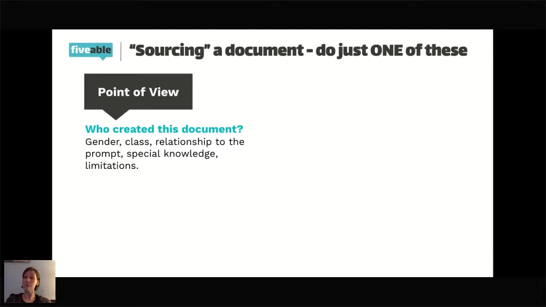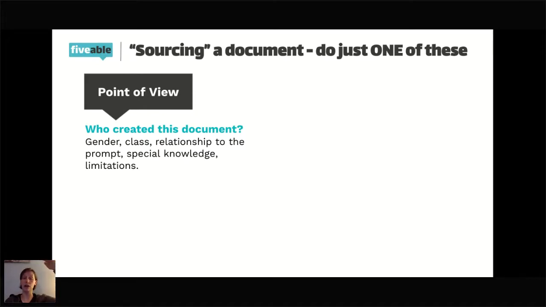Some categories that might influence a person's point of view would be gender, right? It's entirely possible at different historical moments that men and women might see a particular situation in history differently, or that they would create different documents. Social class, status within society could be really relevant.